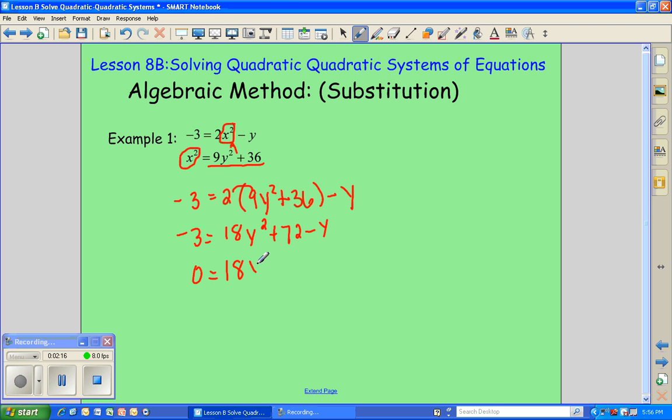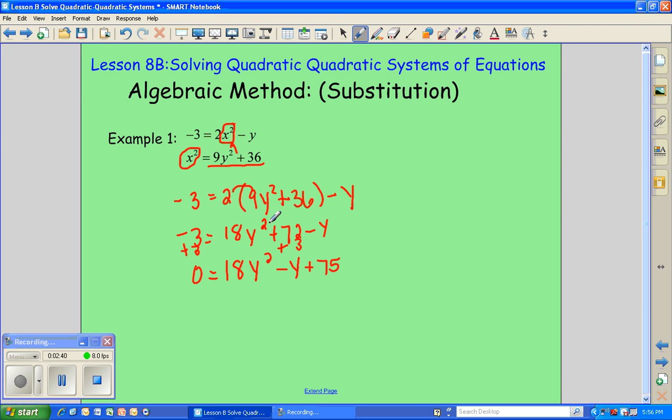I have 18y squared minus y. And I'm going to bring this 72 over and make that 75. I'm going to add the 3 from this side to join up with the 72 there.